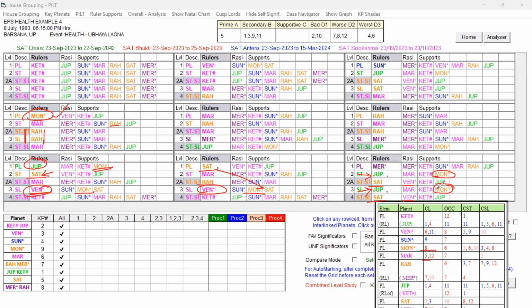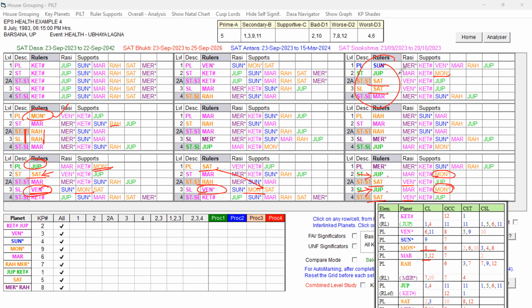Right, after Mercury, which are the other periods that have Saturn in the ruler? Ketu is not having, Venus is not having. Yes, Sun is having Saturn, the unfavorable key planet of the Dasa Lord Jupiter. Saturn is playing a role in the star lord of the star lord and sublord for the Sun, and Moon is also playing a role.